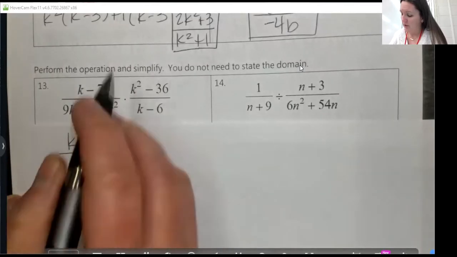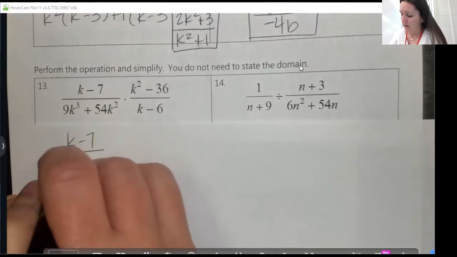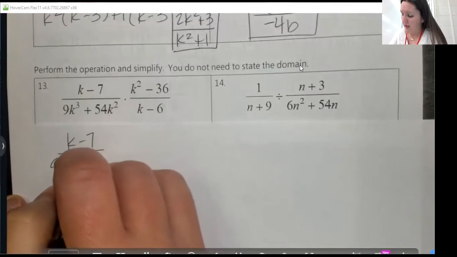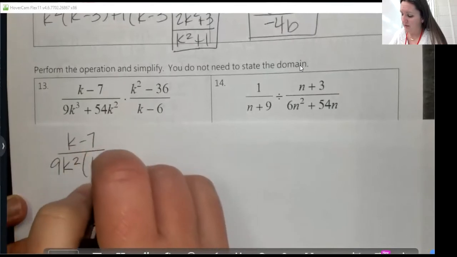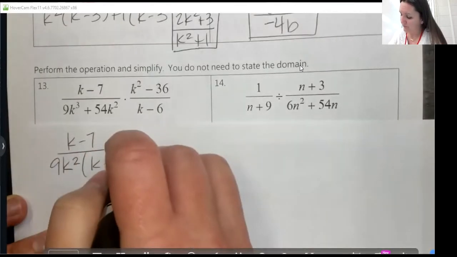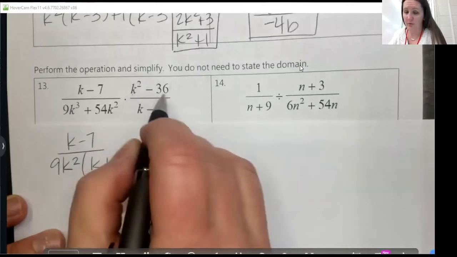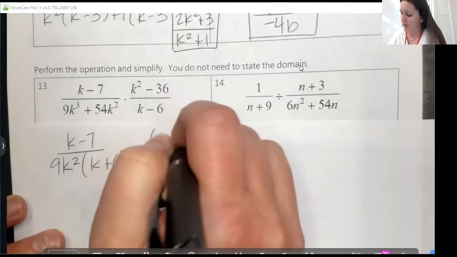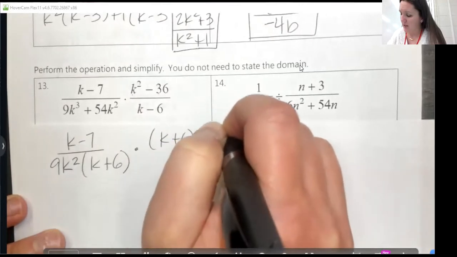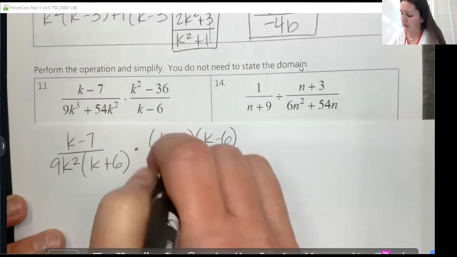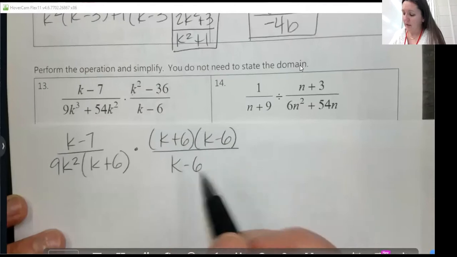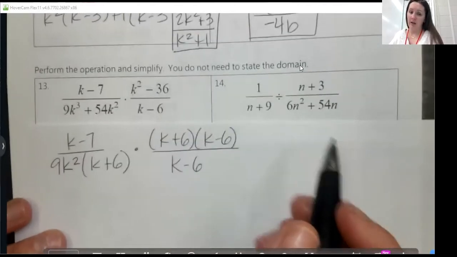So here, let's pull out a 9k squared, and we have a k plus 6 left. And then this is a difference of 2 squares. So I know it's k plus 6 times k minus 6, divided by k minus 6. So anything on the top can be canceled with anything on the bottom.